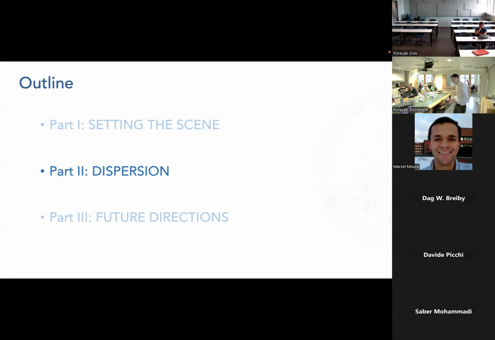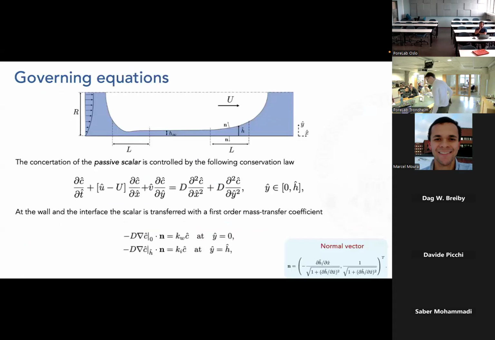And now going back to the real topic of the talk: let's take the Bretherton bubbles with all the assumptions that we made before, and try to understand how this bubble actually affects the transport of a scalar in the liquid. So the idea is that in the liquid now we can add an equation. This is a classical conservation law, the advection-diffusion equation for the concentration.